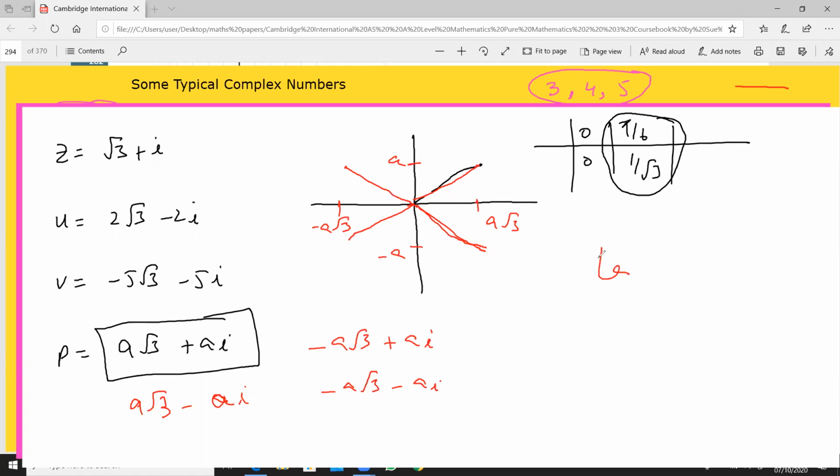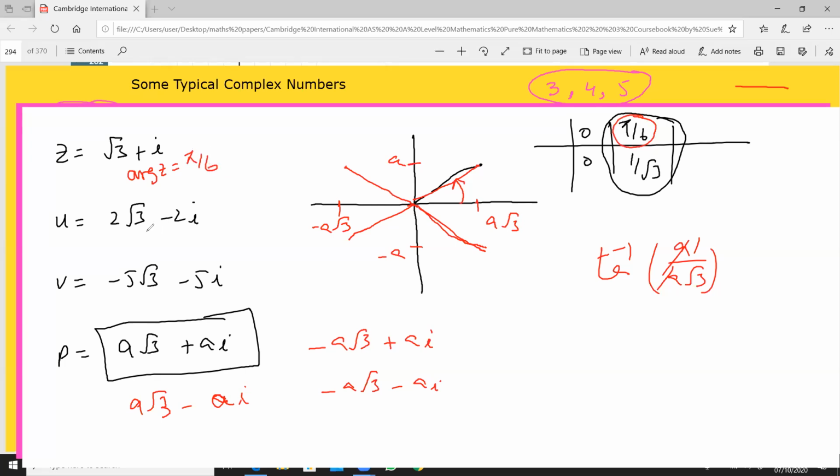So when you find this tan inverse of a over a under root 3, you see the a's are cancelled. So what are you left with? This is 1 over under root 3. So what is tan inverse of 1 over under root 3? That has to be this pi by 6. So if they are both positive, like here, the argument of z is going to be pi by 6.